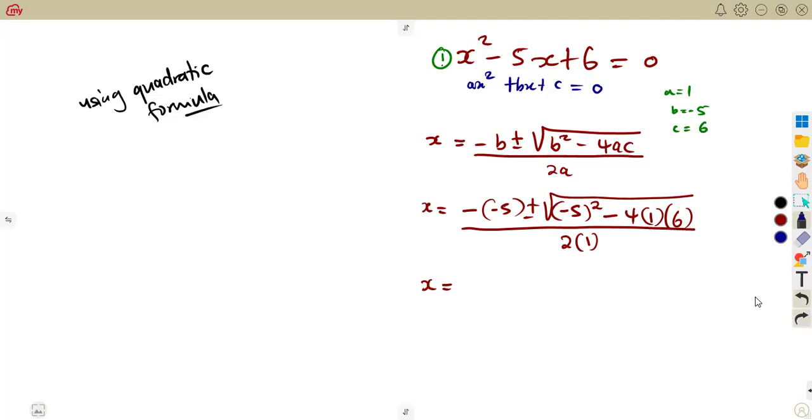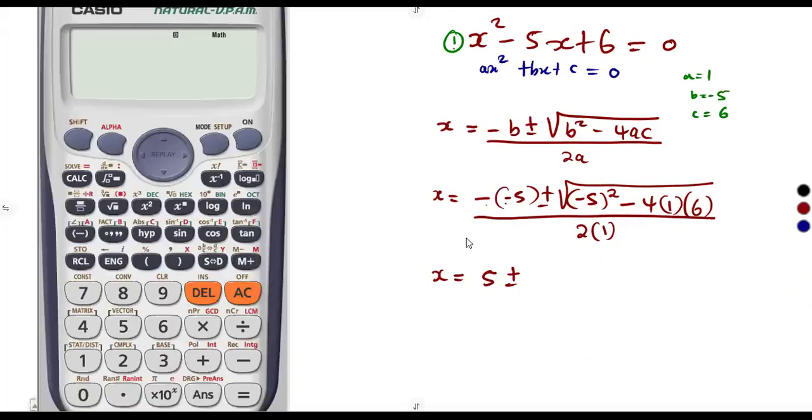When simplified, try to show that part. So you're going to have a minus, and minus is what? Plus. So that's 5 plus or minus the square root of what? We simplify that part alone. And that part that you're supposed to simplify is the major part of our introduction to the nature of roots. And I've been talking about that.